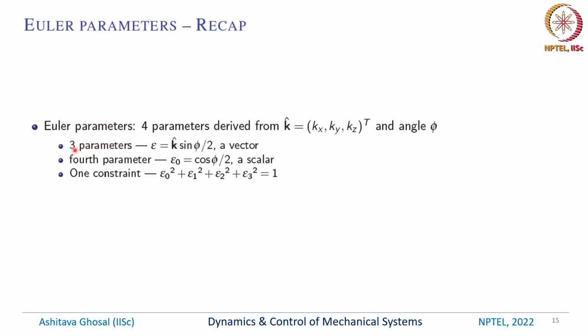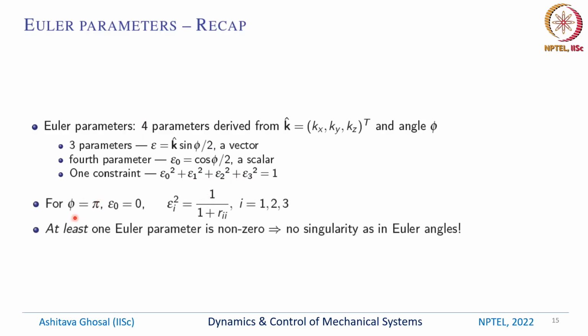Three of the Euler parameters were nothing but this k vector into sine phi by 2. So this is a vector. And the 4th parameter was the scalar epsilon 0, which is cos phi by 2. And there is a constraint. So there are 3 parameters here, epsilon 1, epsilon 2, epsilon 3, and there's a 4th one, epsilon 0. And the constraint is epsilon 0 square plus epsilon 1 square plus epsilon 2 square plus epsilon 3 square is 1.